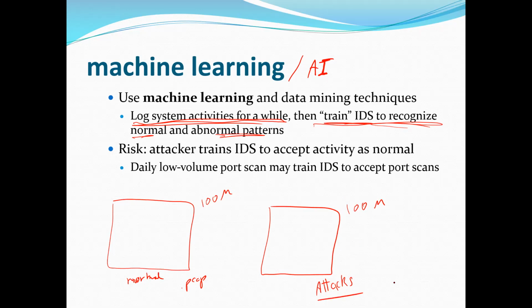And then based on this amount of data, now you can build some kind of machine learning or AI type of model that learns to distinguish, so that the next time around you get a packet, it'll say, well, I'm going to look at my data and I'm going to decide if it's normal or if it's an attack.